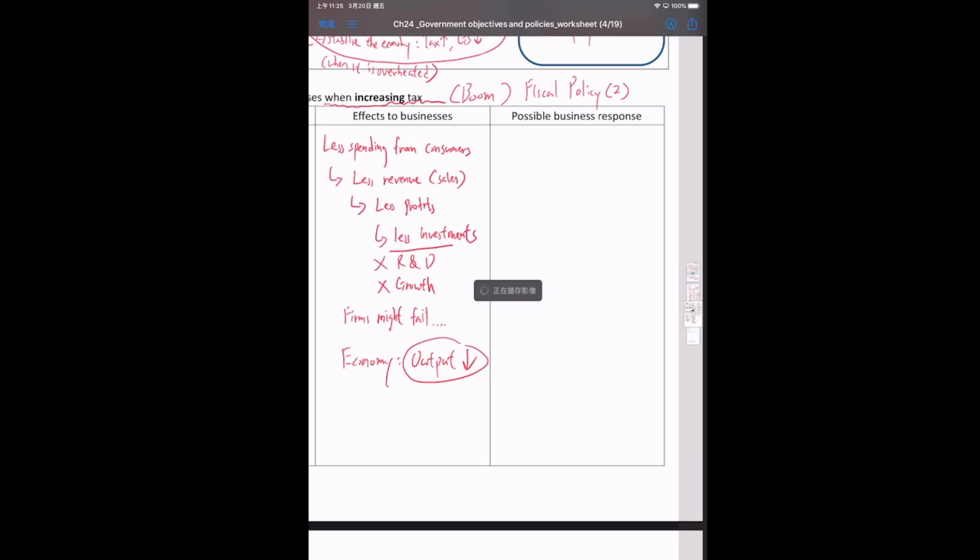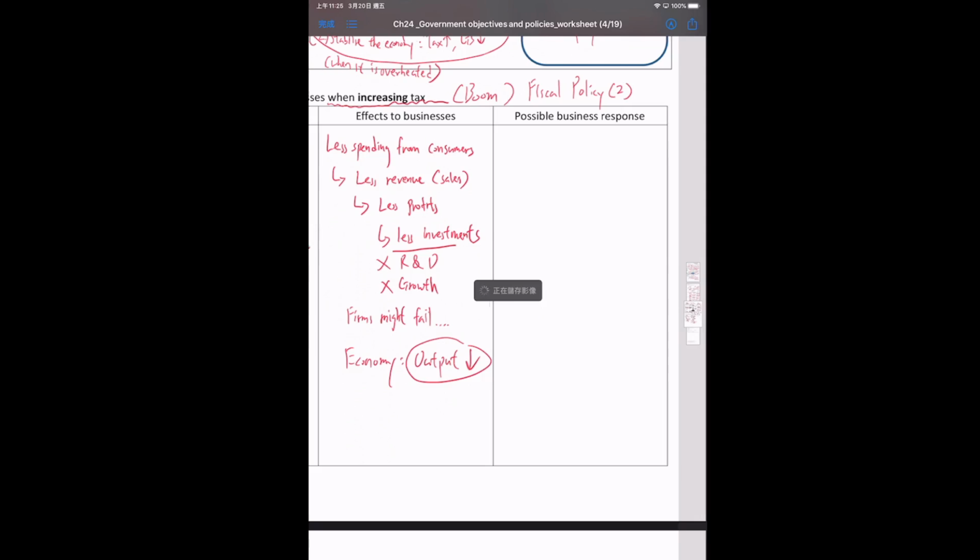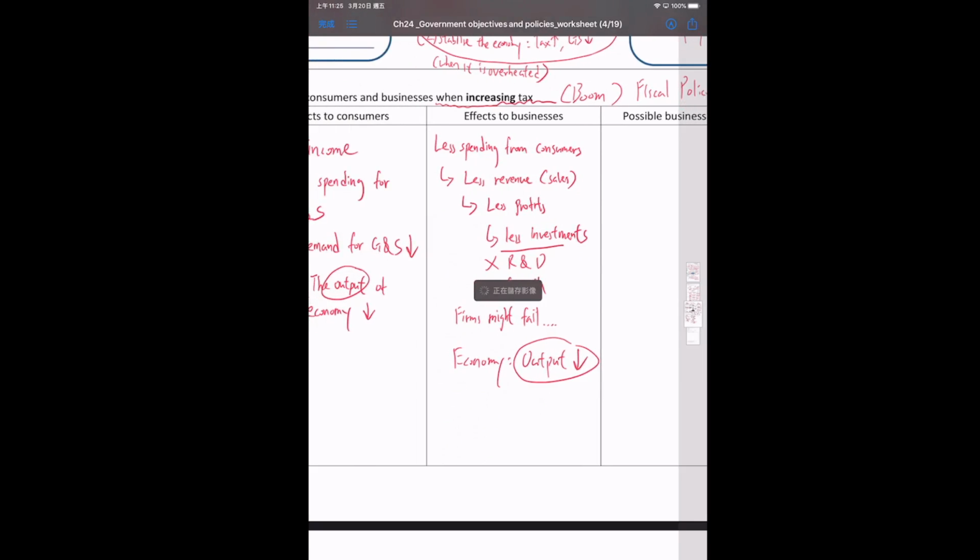You are at boom, but now the government decided to intervene, and because of the action they did by increasing taxes, you will see the consequences right here. Those are all the consequences once the government decided to intervene in the market. And because of all those interventions, you will see there will be less spending from consumers.